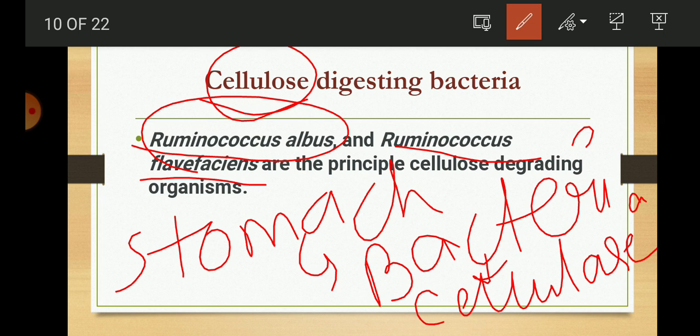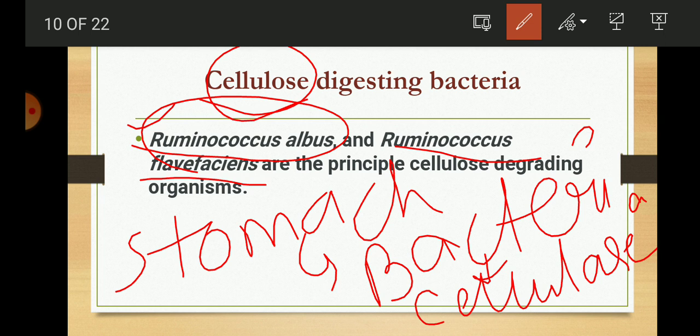And one more thing: Ruminococcus albus and Ruminococcus flavefaciens are scientific names. So when you write a scientific name, you write it in italics or by underlining it.